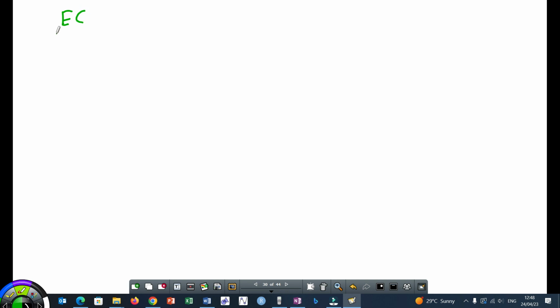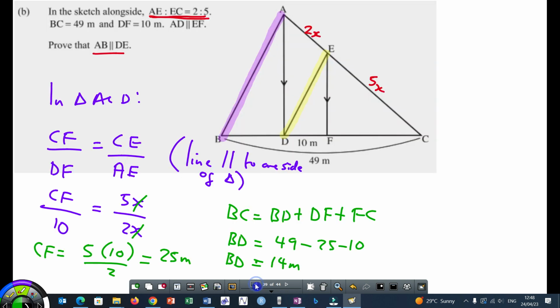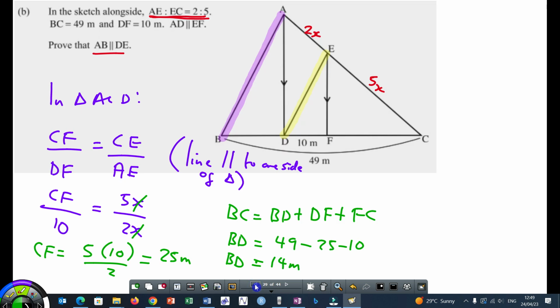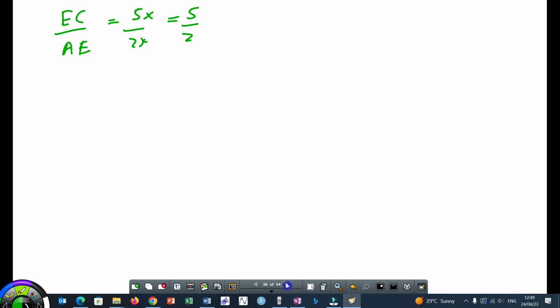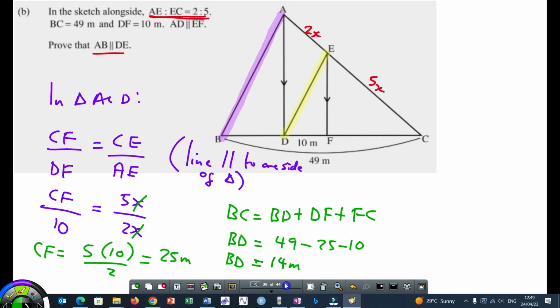Okay, EC over AE is equal to 5x over 2x, which is 5 over 2. Right? Then, because of what I wrote here, I can also say therefore CF over DF.